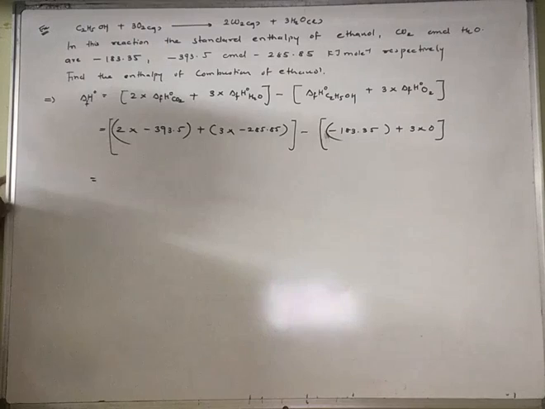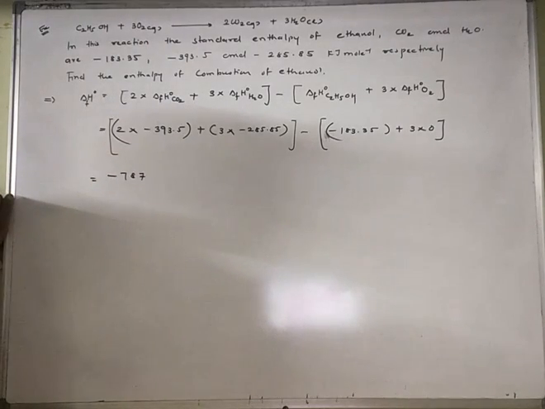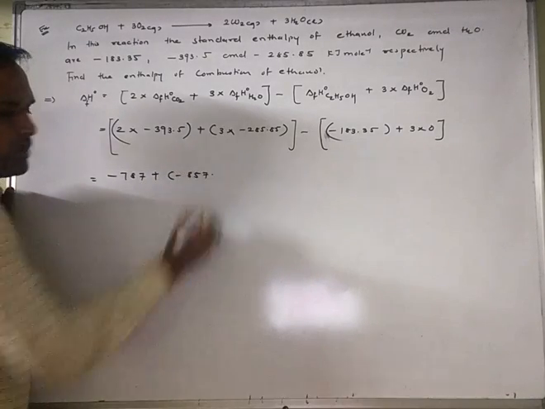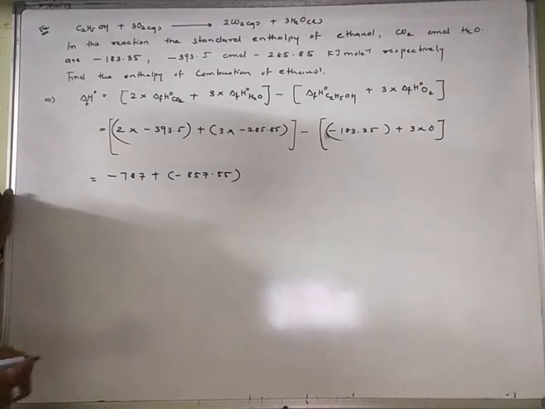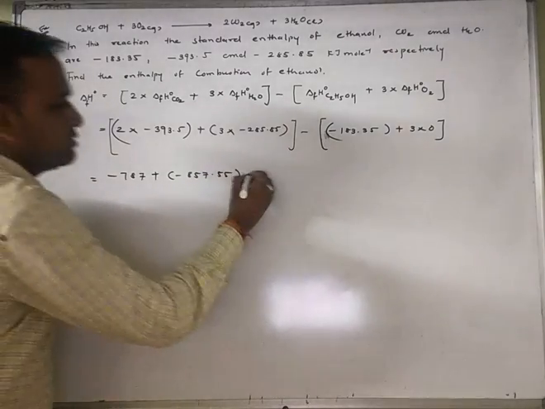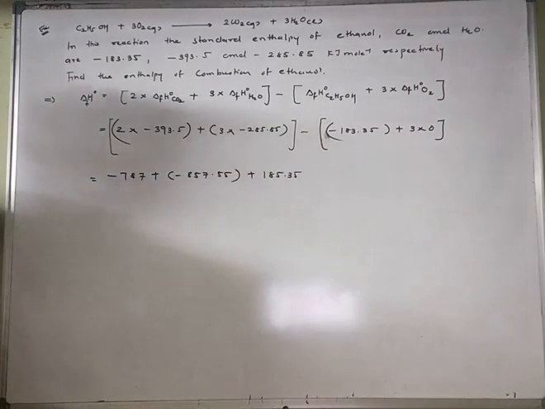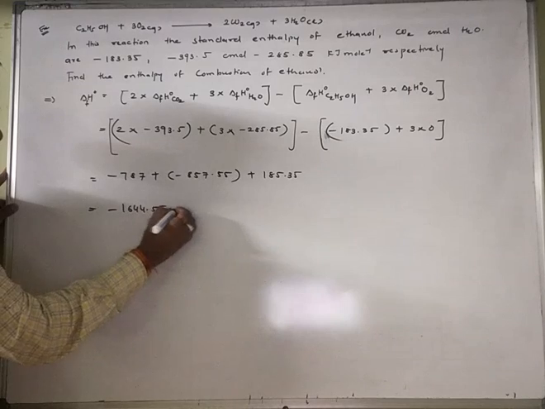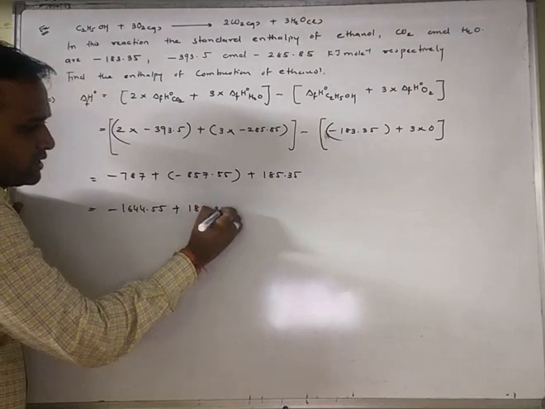यहाँ पे क्या आएगा तो minus 787 then minus 857.55, right? Okay, and minus minus plus, so 185.35. Is it clear? Now you can get minus 1644.55 plus 185.35.